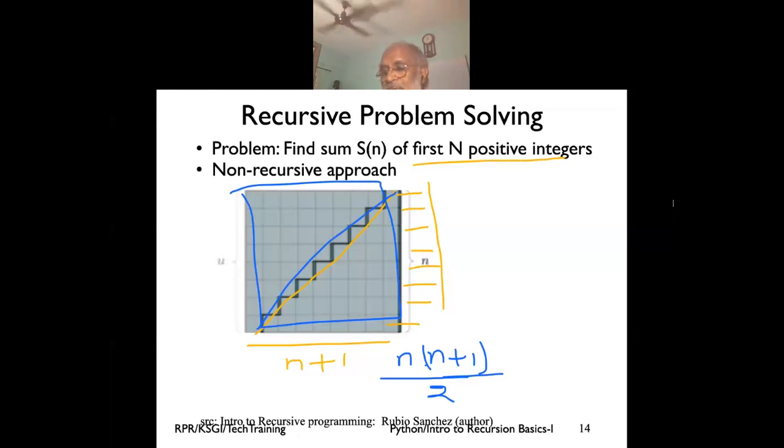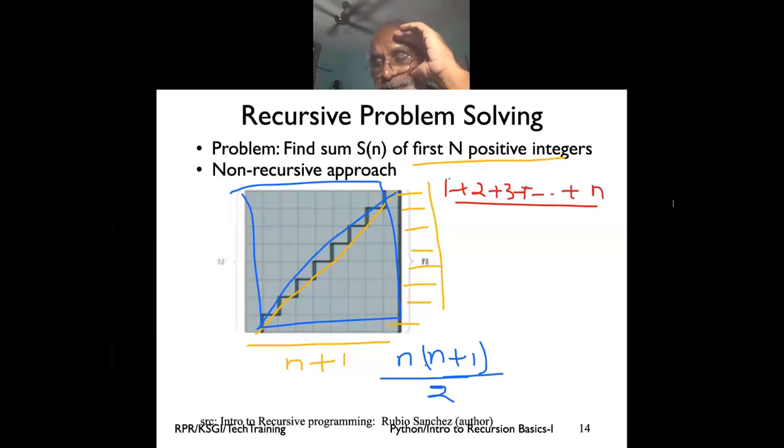Yes, sir. So could you explain why, sir, you divide by 2? Sir, I didn't get the question itself. The question is, I need to find 1 plus 2 plus 3 plus up to n. Okay, I need to find this answer. Okay, sir. How do you find it? So I'm depicting it graphically.